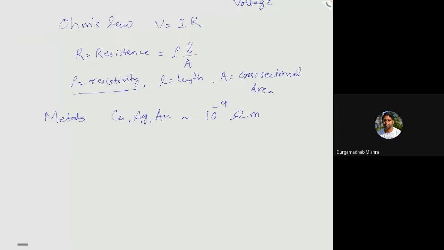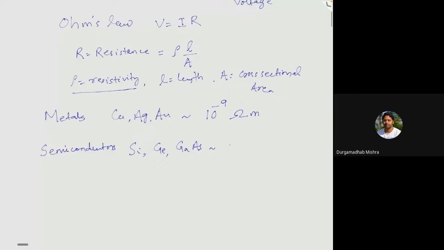And then you have semiconductors, like silicon, germanium, gallium arsenide, where the resistivity can vary over a wide range. It can vary from something like 10 to the power 4 to 10 to the power minus 4 ohm meter, and this large variation is due to the possibility that you can dope these semiconducting materials.